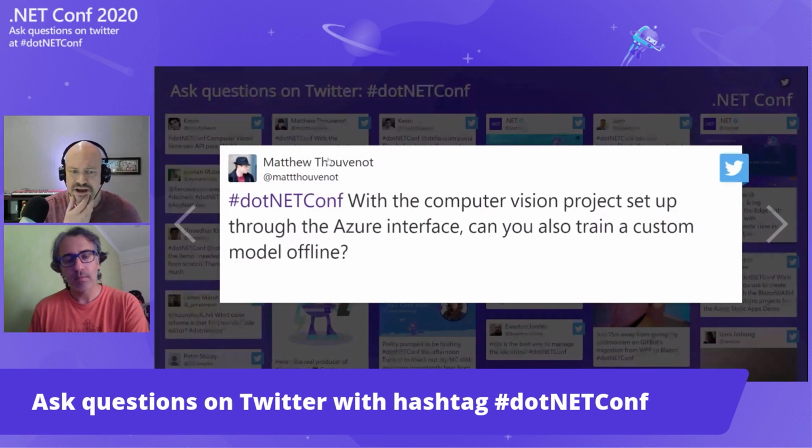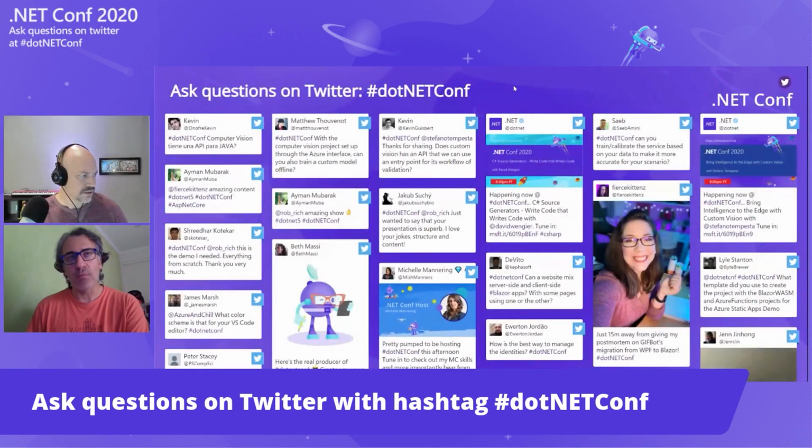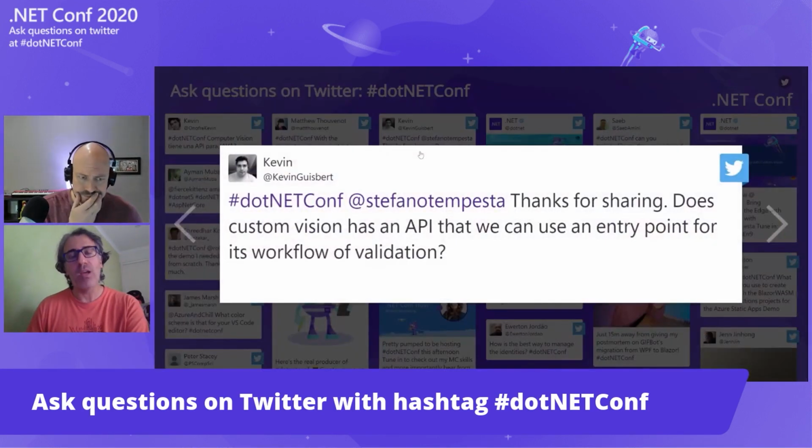There's a question about training offline. Is it possible to train a custom model offline? So no, the training is online in the customvision.ai site, but then you download the model to use it offline. So the training still happens online because you don't have access to the source code of the machine learning service that is used for training.